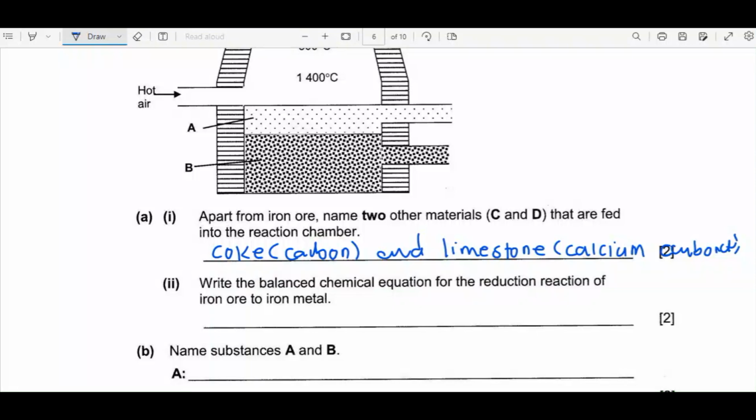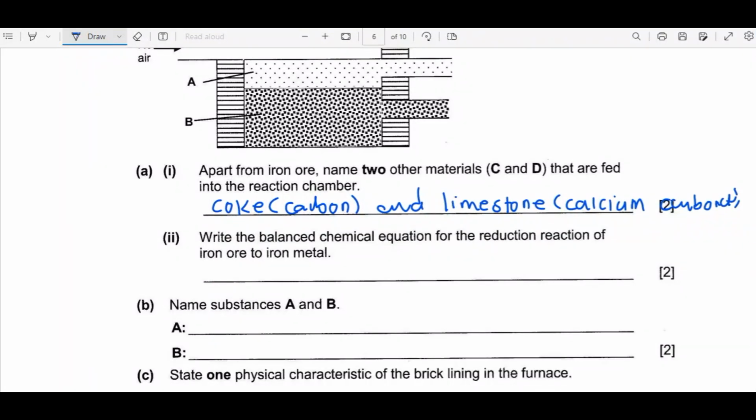We move on to Roman number 2. Write the balanced chemical equation for the reduction reaction of iron ore to iron metal. So out of the 5 reactions that we have during the extraction of iron from iron ore, the third reaction is considered to be the most important reaction because it summarizes the extraction of iron, and this is the reduction.